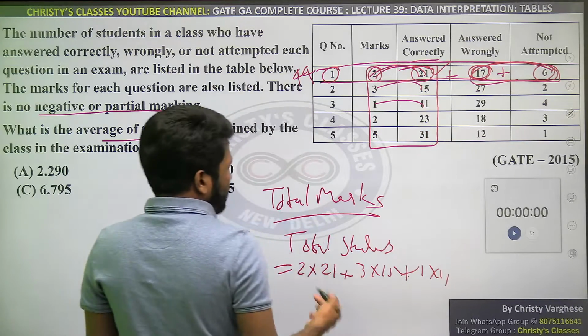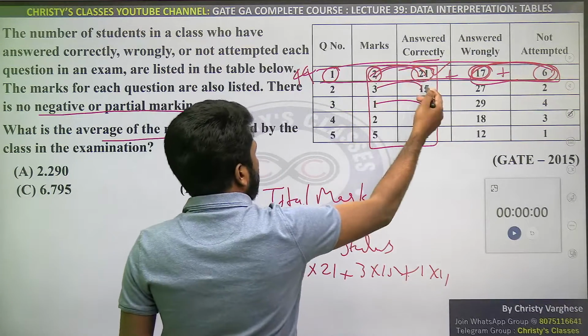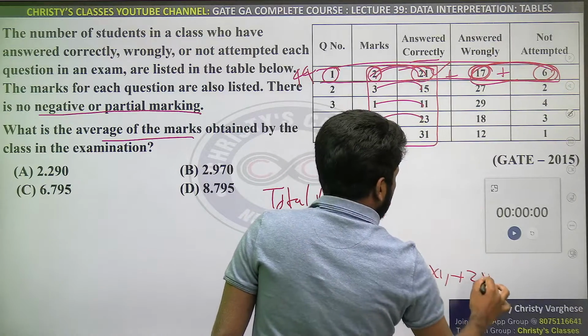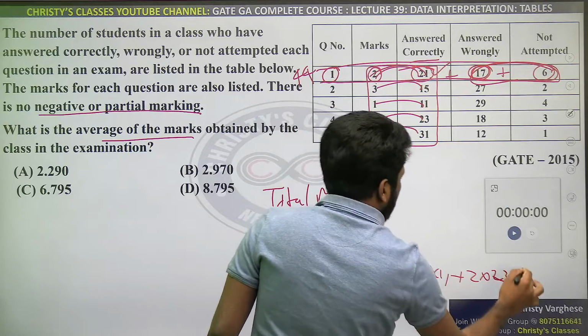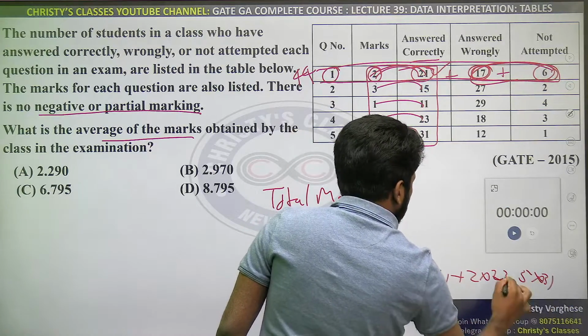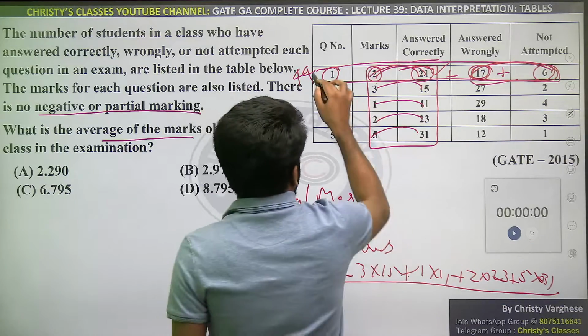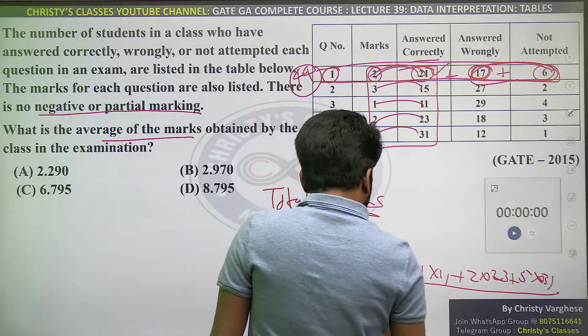You don't have to write the steps, you just have to do 2 into 21, 42. But just to make you understand, I am telling 2 into 23 and 5 into 31. Divided by the total number of students, we already found 44 are there.